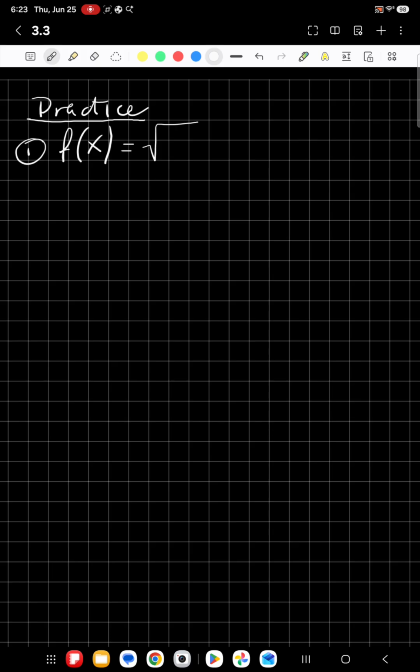So this one is the fifth root of x. This doesn't look like a 5, let me try again. 5, that's better, of x. So when you're doing this problem, rewrite that radical, the fifth root of x, as x to the 1/5, and then it's easier to subtract 1, etc.